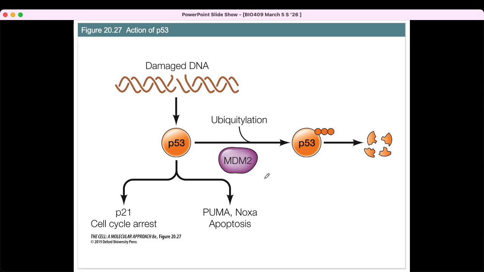And again, you'll see these are members of a gene family with a bunch of funny names and a complicated story, because some of them are activators of program cell death, some are repressors. So don't worry about that. Just look at this, that we see p53 having at least 2 categories of target genes.